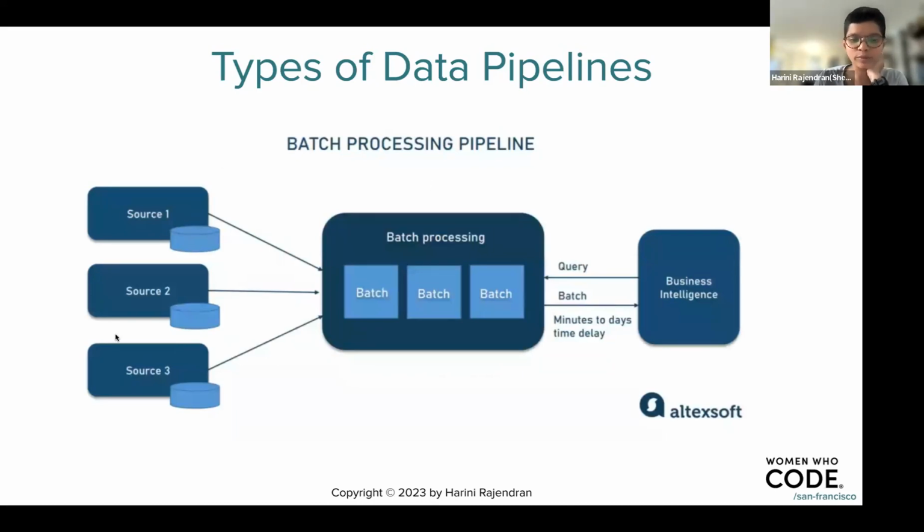Different types of sources are generating data, and the batch processing software loads them and then transforms the data based on the business logic that we are interested in.